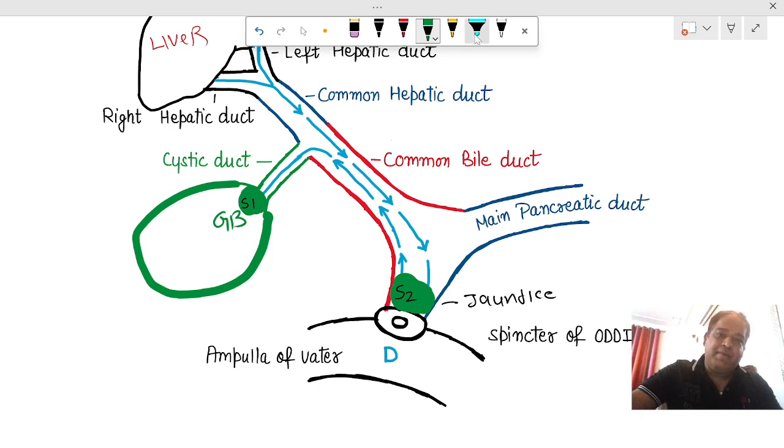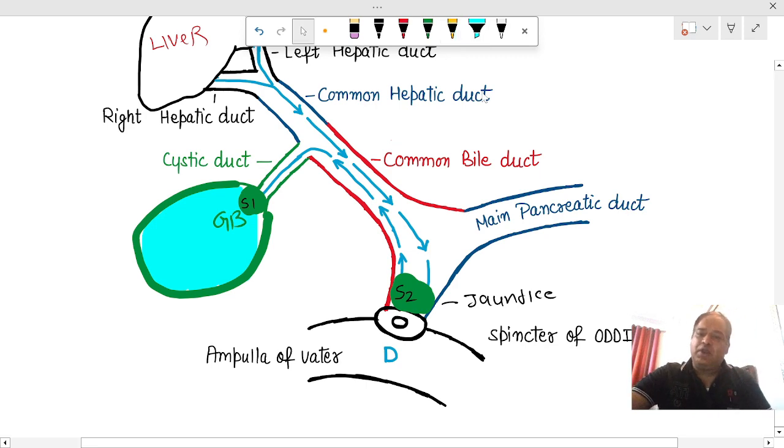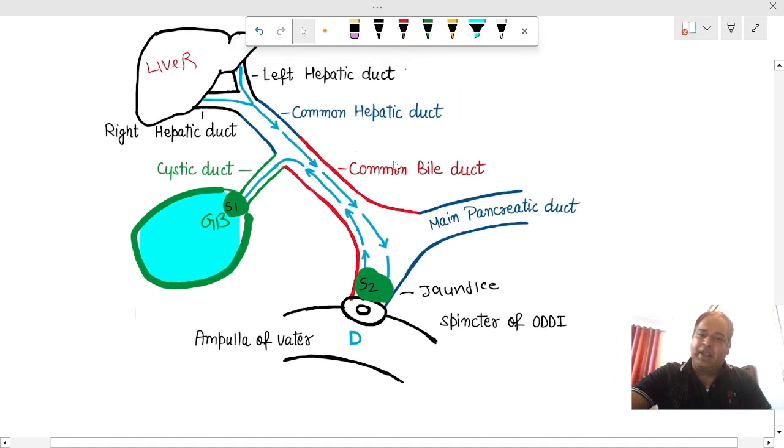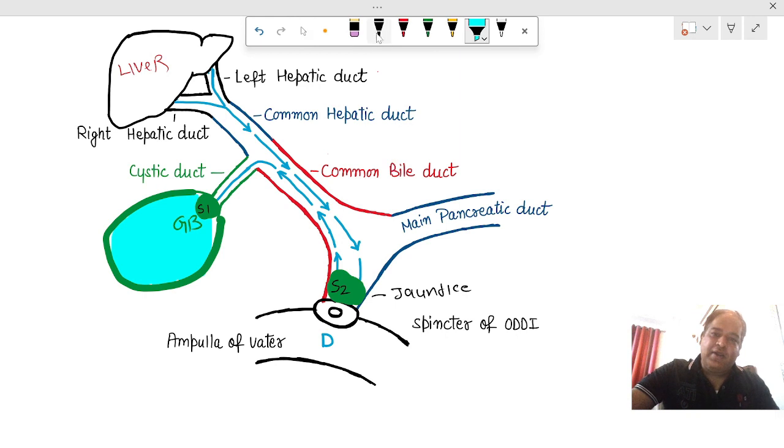Why? Remember, daily the gallbladder secretes 20 ml of mucus. 20 ml of mucus it secretes per day. So this gallbladder will become big. This gallbladder will be palpable.